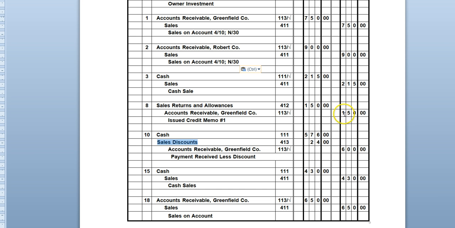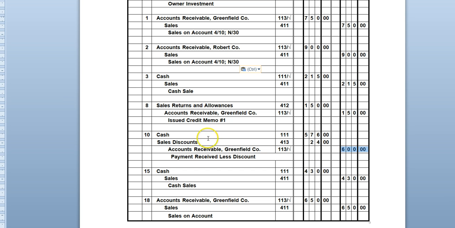Apparently, the Greenfield, so we're close to home here. As I said, he now owes us $600, but can only take advantage of the discount to the extent that he owes us money, and the amount of which is $600. So when we invoiced him, we invoiced him for 600 and gave him the terms for 4/10, asking that he takes 24 bucks off the 600.